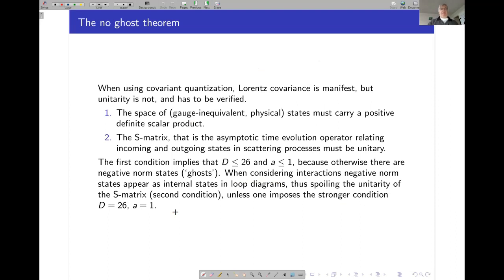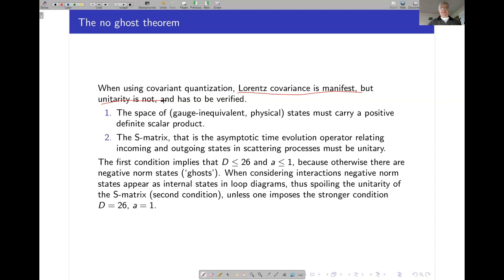Now let's wrap up the covariant quantization program. The main issue with our covariant quantization program is that the price for having manifest Lorentz covariance is that we need to talk about unitarity. And unitarity means two things.